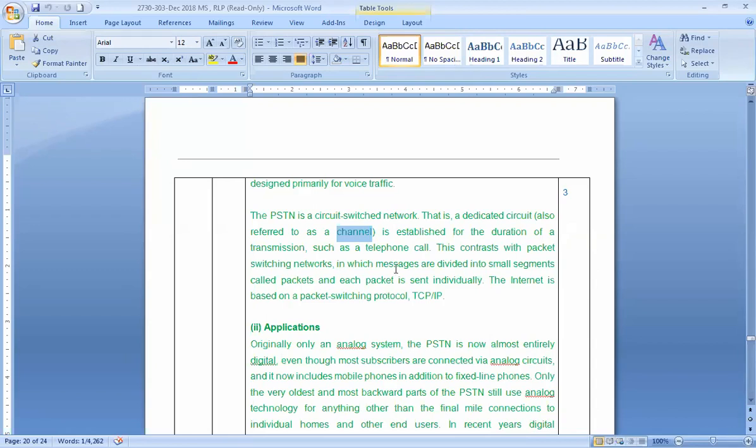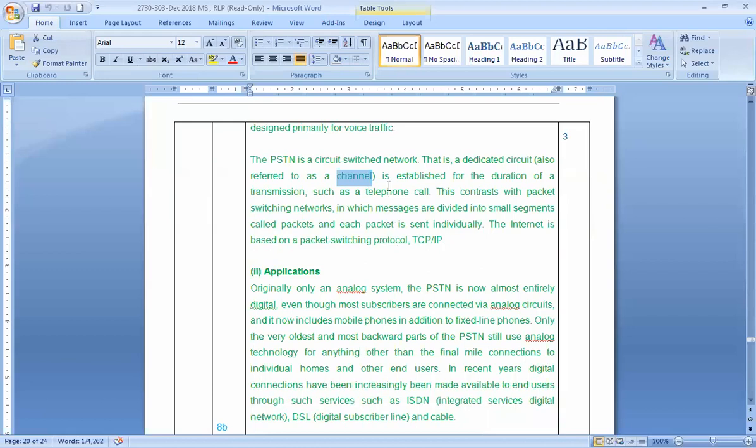The circuit helps in getting this switching done, and this is called handoff, where the network shifts from one tower to another. It is established for the duration of a transmission, such as a telephone call. So not only does it help in handing off, but also in establishing connections.